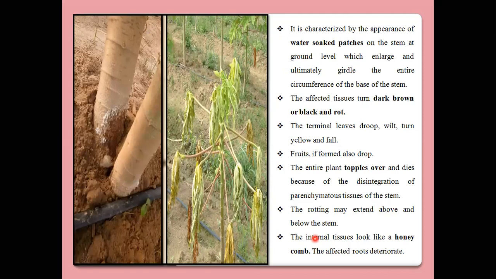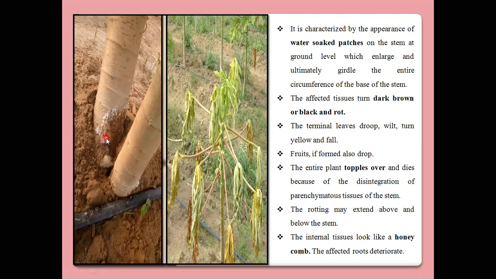Basically, brownish lesions, meaning water-soaked spots, are seen on the collar portion of the stems. These water-soaked lesions turn brown in color and girdle the stem portions.